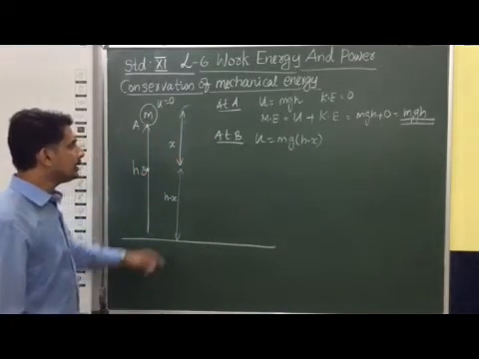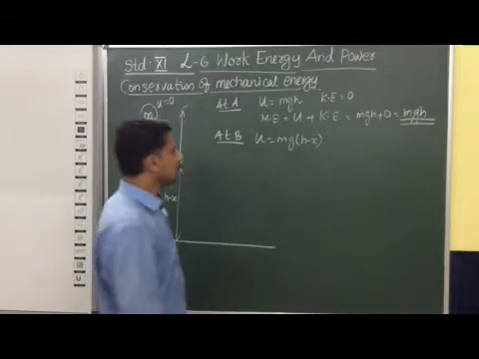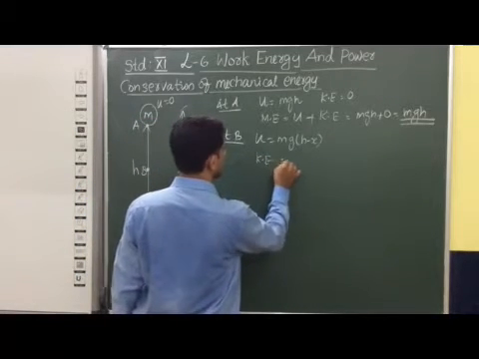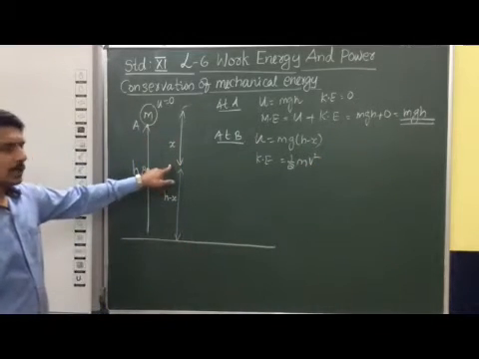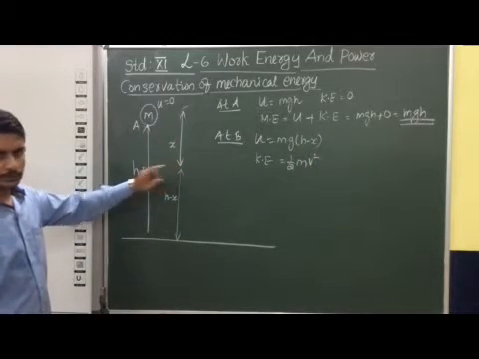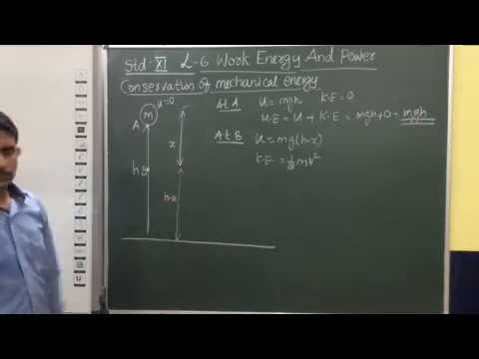Now we can calculate the kinetic energy. We know kinetic energy is half mv square. So we have to calculate the final velocity acquired by this object.